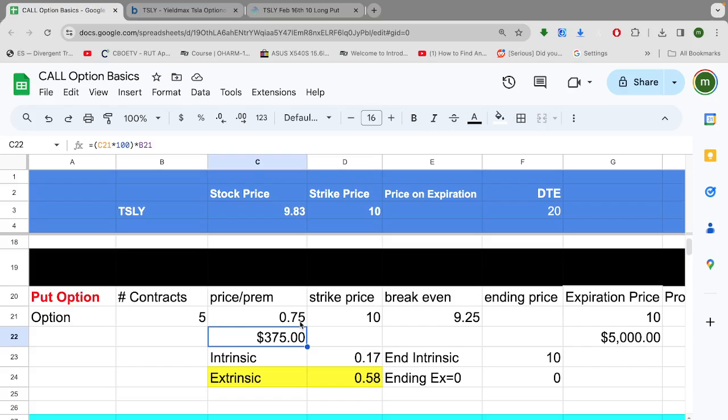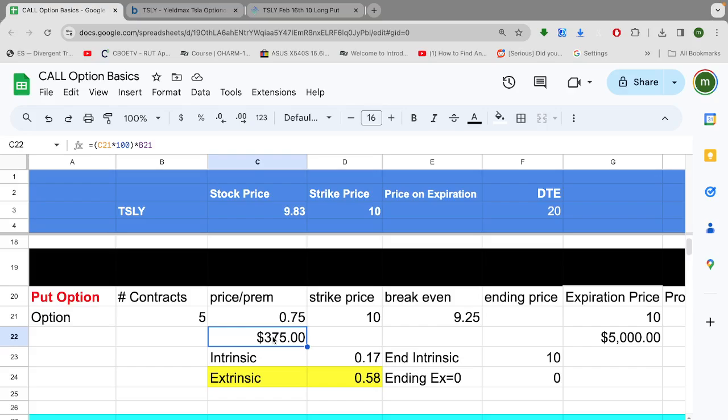So $75 times 5 equals $375. We're going to assume we use Robinhood and we don't have a commission, just to make the math easier. Even if we did have a commission at somewhere like Tasty Trade, it'd be a couple of bucks, maybe $5 or something. But we'll just assume no commissions to make the math easier.